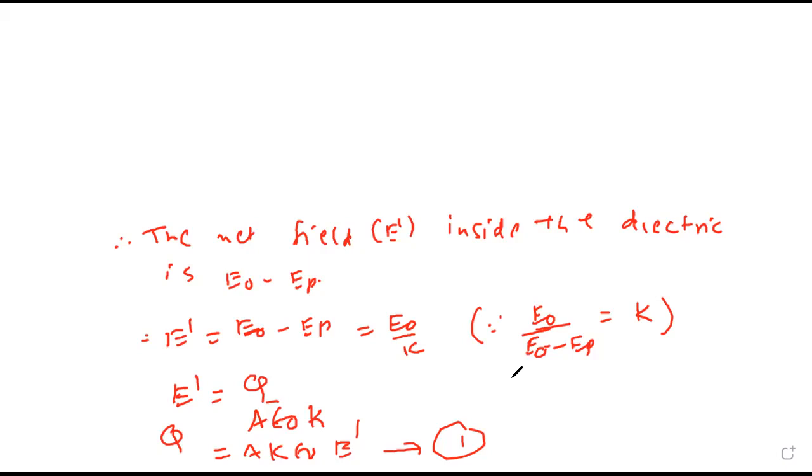Shall I clear this now? Actually, even if we did not remove this it would be fine, because only E dash we are interested in. Now we know that potential difference. What is potential difference in terms of E? It is E into distance.